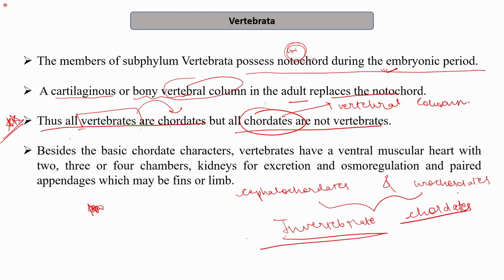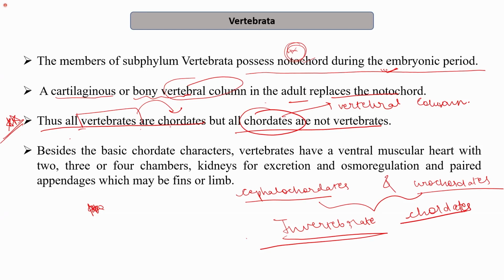Therefore, the cephalochordates and urochordates are invertebrates, but they are chordates. The remaining phyla, which we were studying till the last class, up to hemichordates, were all non-chordates, but the urochordates and cephalochordates are chordates, but still invertebrates.